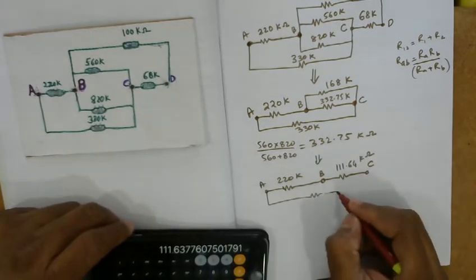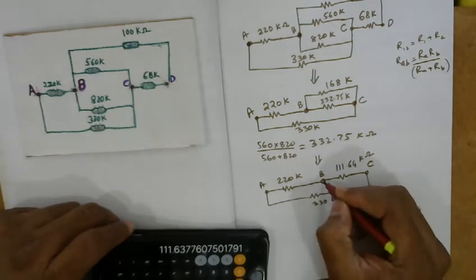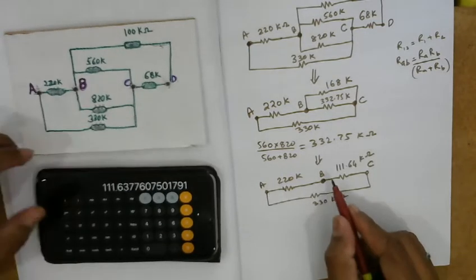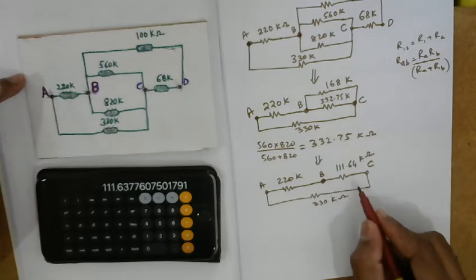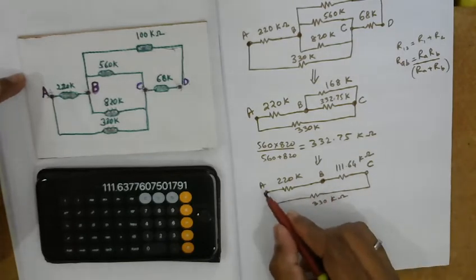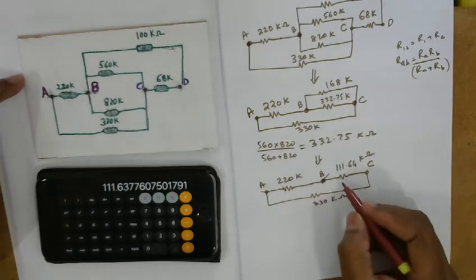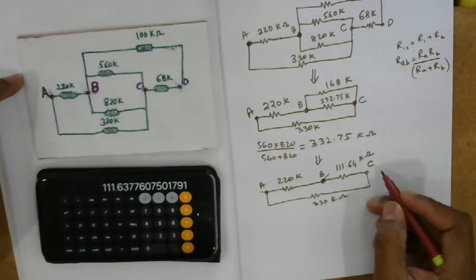Meanwhile, I have this another resistance, 330 kilo ohms. So again, my interest is to find resistance between A and B. So between A and B, that means this resistance will become series with this resistance, because my points of connection are these two points. So from that perspective, these two are in series and C can be eliminated.